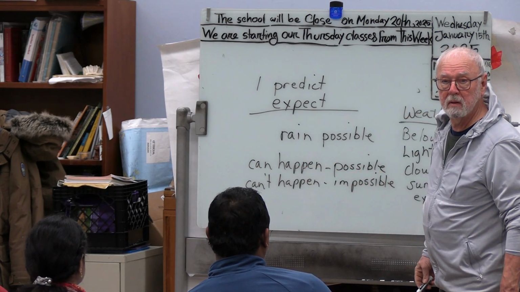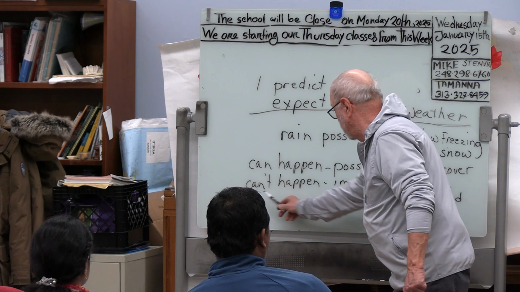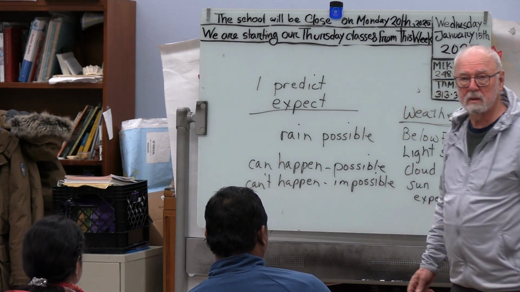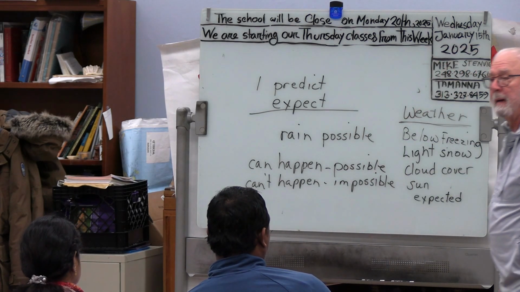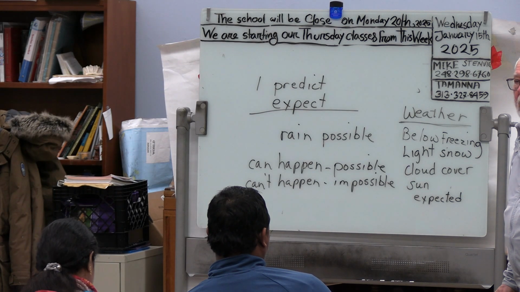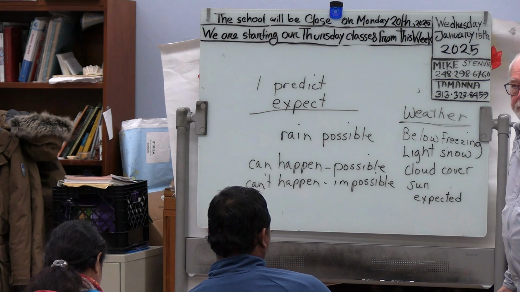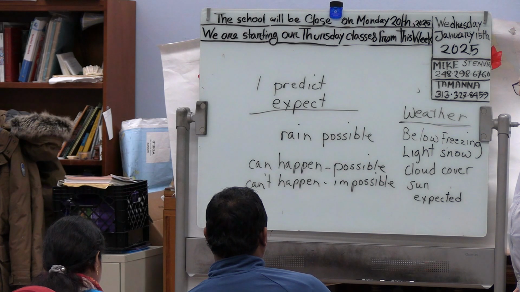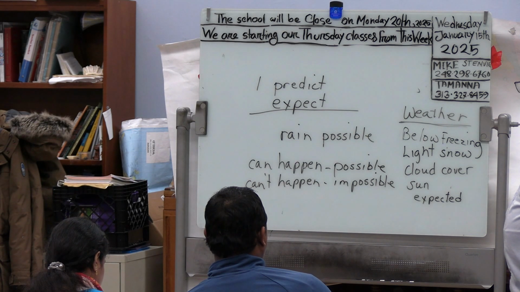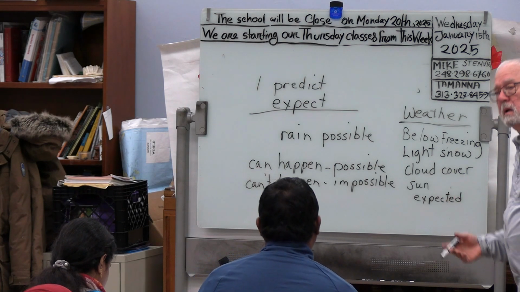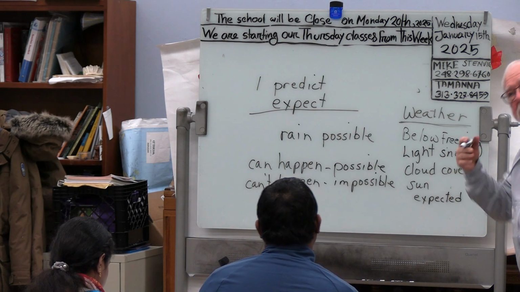Possible. Impossible. Notice that word, or that beginning, im. These are prefixes like we had before, happy, unhappy. The un means not.